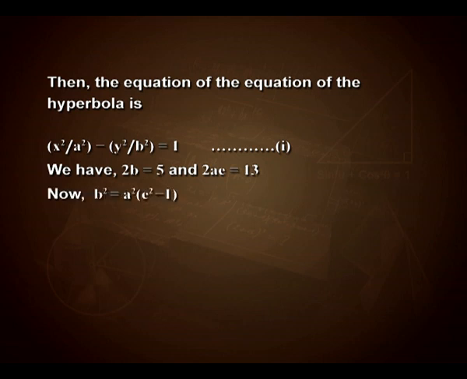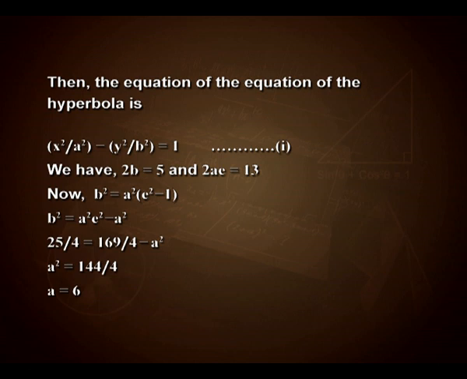Now, b square is equal to a square into e square minus 1, which gives us b square is equal to a square e square minus a square, that is 25 upon 4 is equal to 169 upon 4 minus a square, which gives us a square is equal to 144 upon 4, that is a is equal to 6.